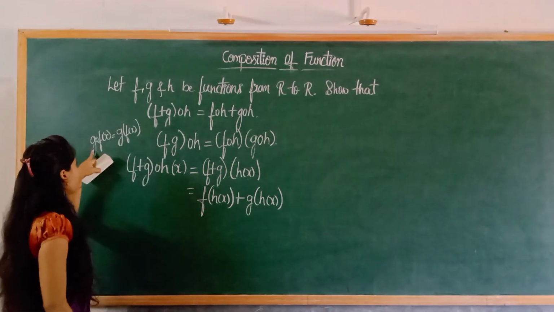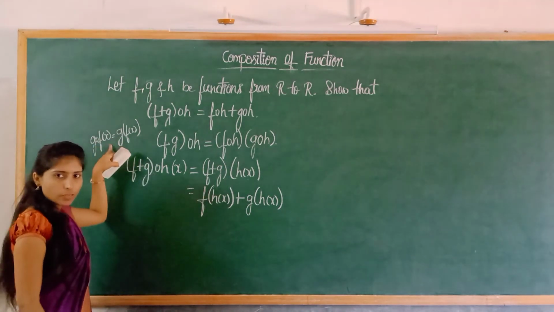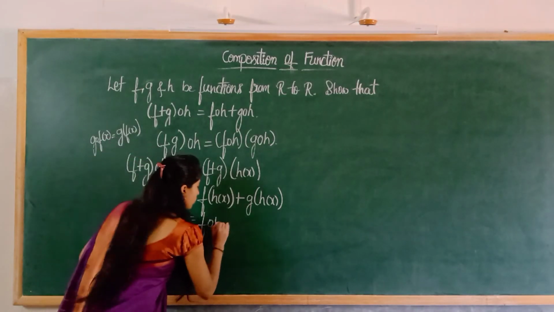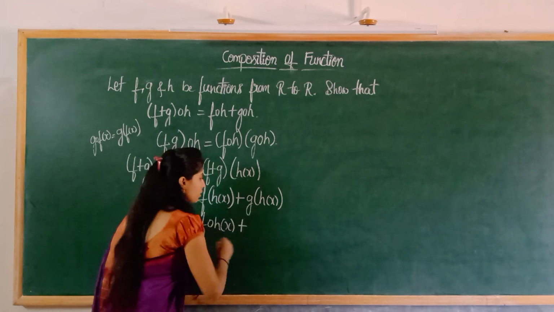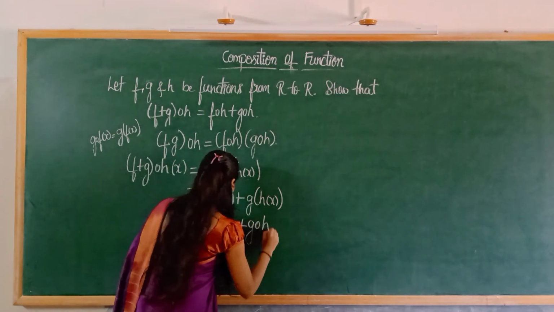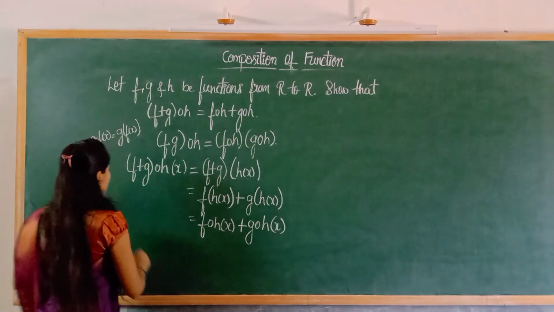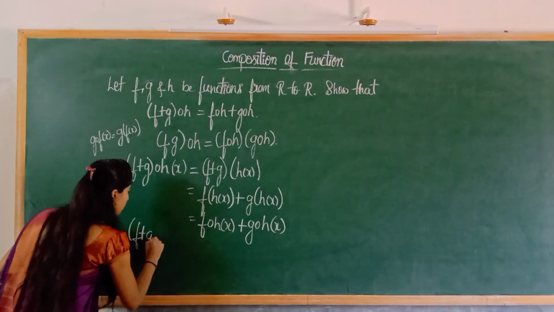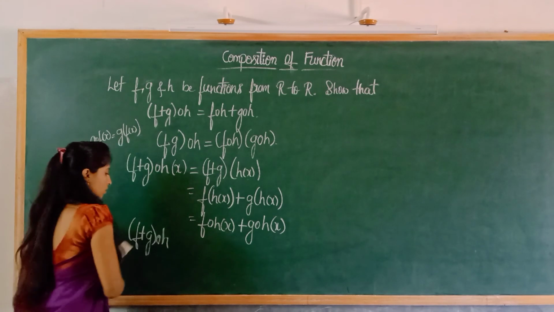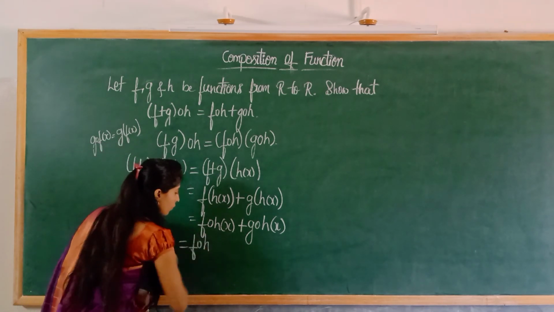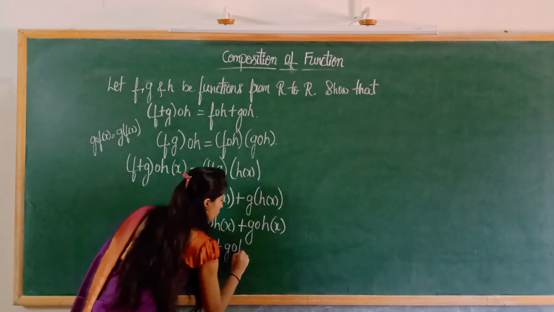So I can write g composition f of x, that is f composition h of x plus g composition h of x here. So finally we have proved that f plus g composition h is equal to f composition h plus g composition h.